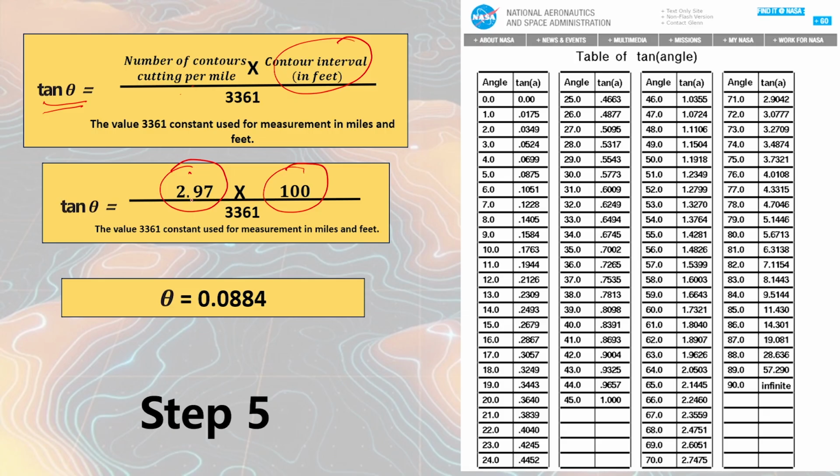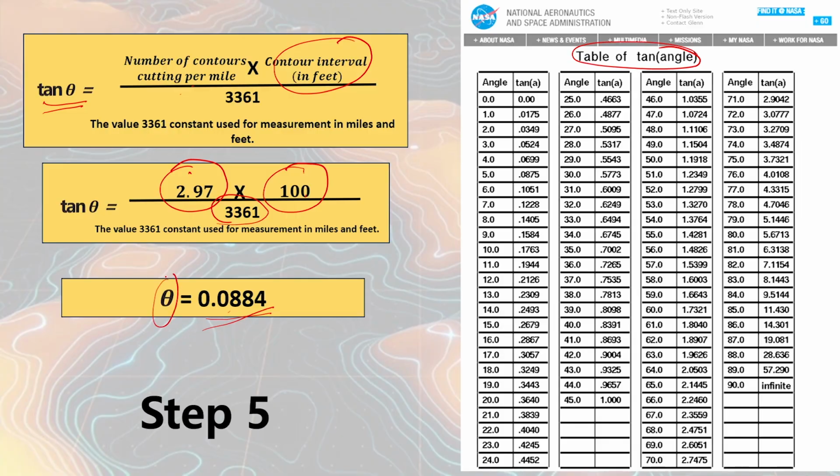So we multiply 2.97 by 100 and divide the whole by 3361, which is a constant that was given to us. Once we have arrived at a value, it is 0.0884.